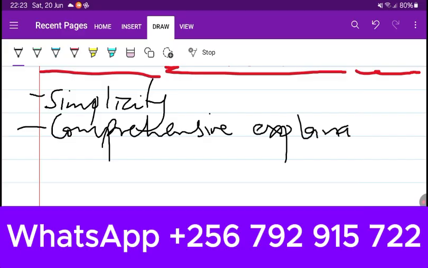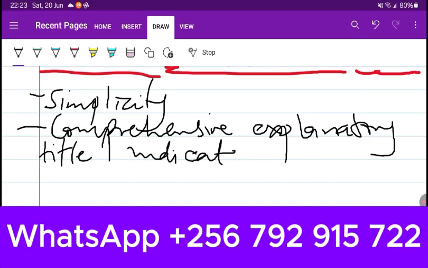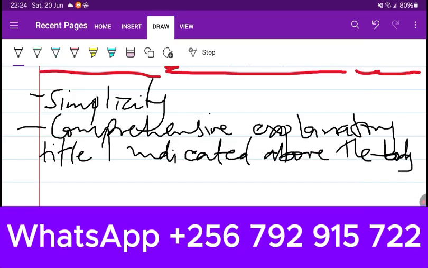The explanatory title is indicated above the body of the table, because we need to understand what that table is representing.